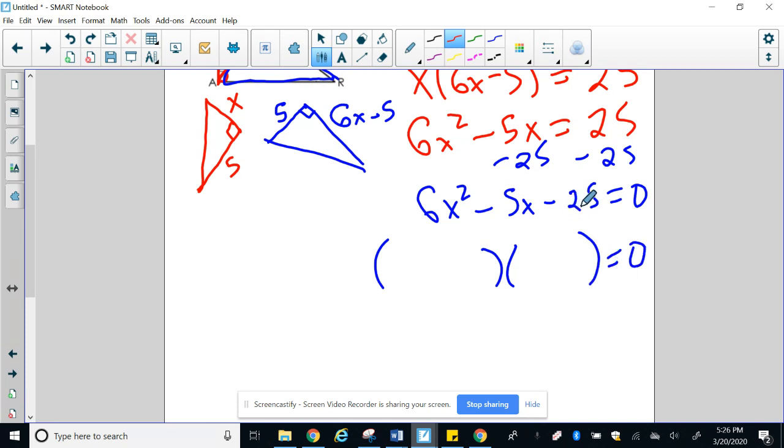So if we're thinking here, 25 is the last number, so we don't have very many factors with that. So we're probably going to wind up with 5 and 5 or 25 and 1. That being said, if we have a small middle term, that leading coefficient with that being a 6x squared, we'd probably want that to be a 3x and a 2x. Remember, we always said try that first regardless. And then since 25 is a perfect square, why don't we try 5 and 5?